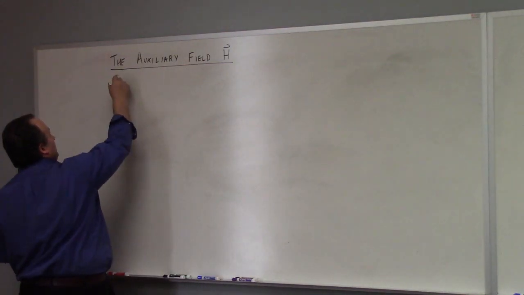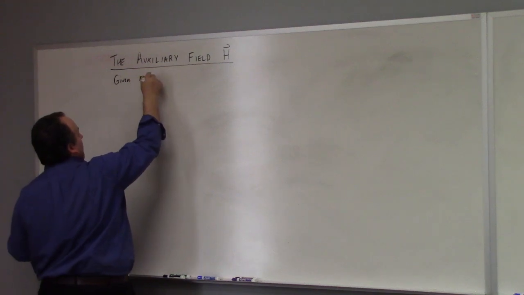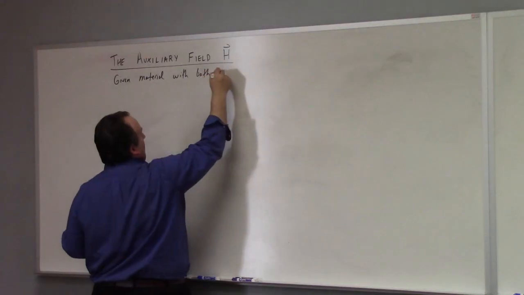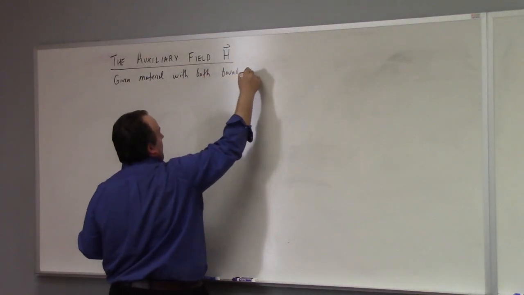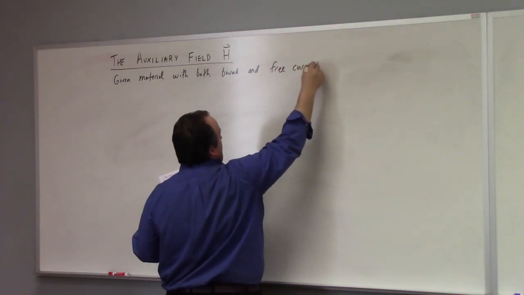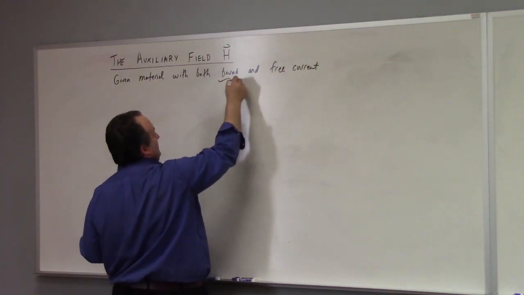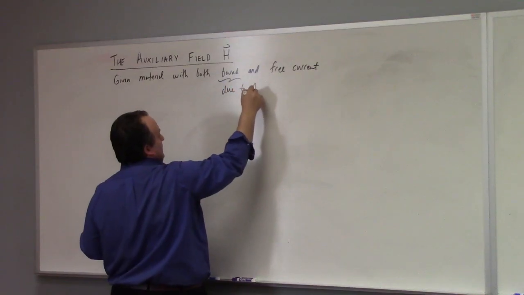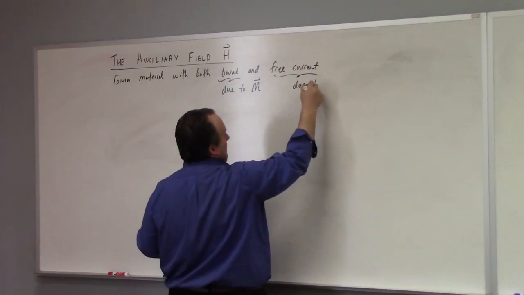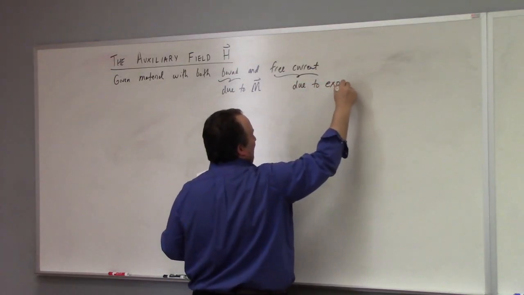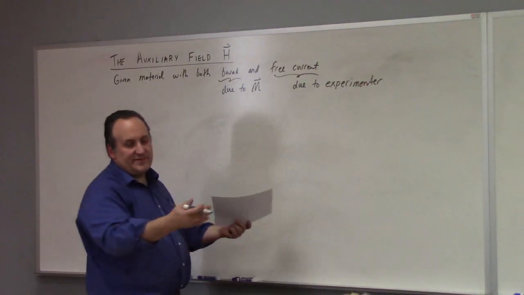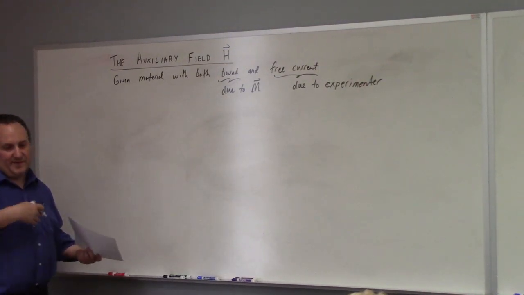So given a material with both bound and free current. The bound current is due to the magnetization, and the free current is due to the experimenter or engineer, whoever has conspired to put a current source to pass a current through something.